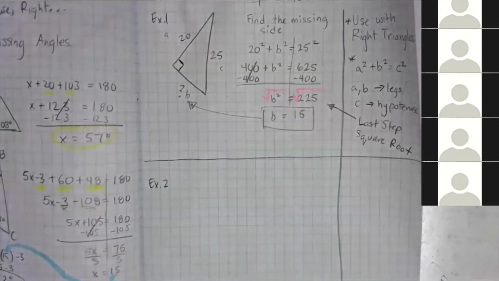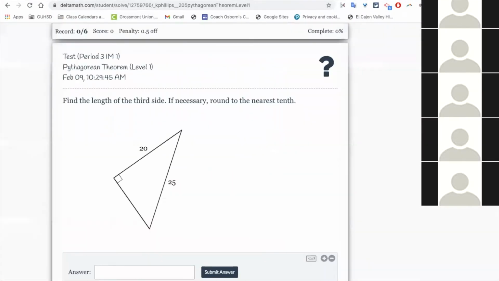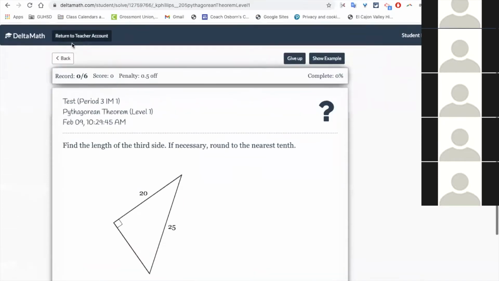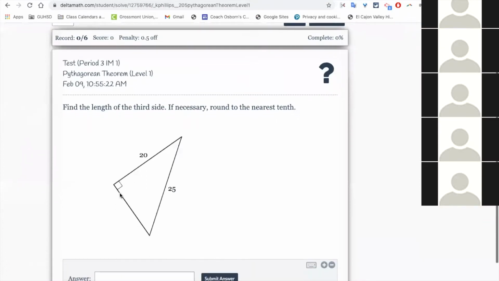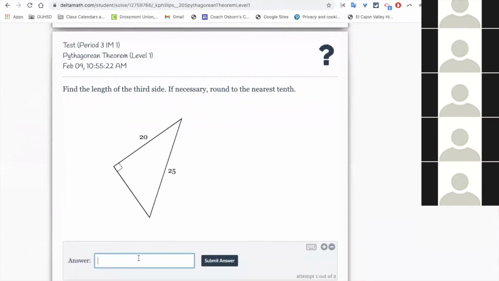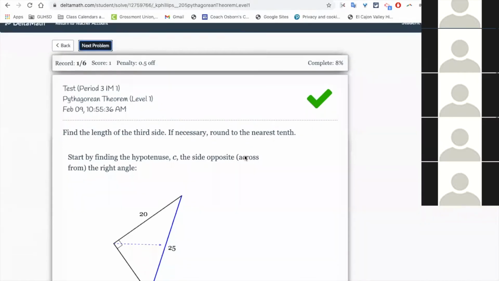So I'll come back to this in a second, but those are the problems you're going to see in Delta Math. So this is the Delta Math assignment that's due tomorrow. And you'll get a triangle, looks just like that. You'll find the side, and again, all you need to do is type in that number for the side. Okay, you don't have to type in anything else like b equals or x equals. Okay, and then that's it.